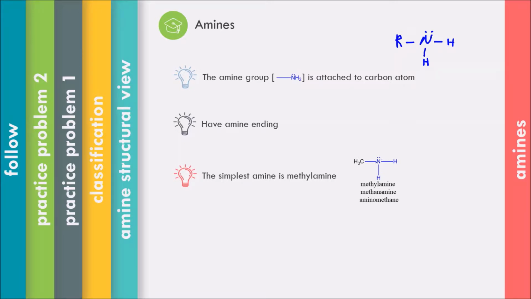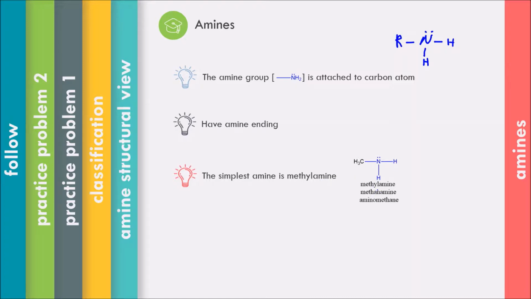If you take a look at this formula on the side, you can see that it has an amine group. That's why it's part of the name. It ends as amine. And CH3, it's one carbon, just like the substituent methyl, and that's why we get methylamine.